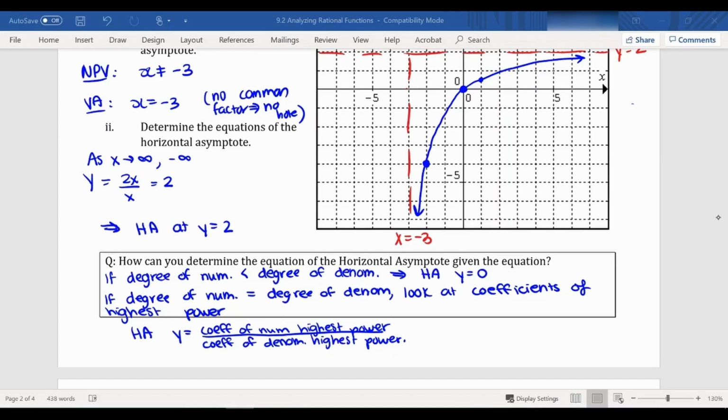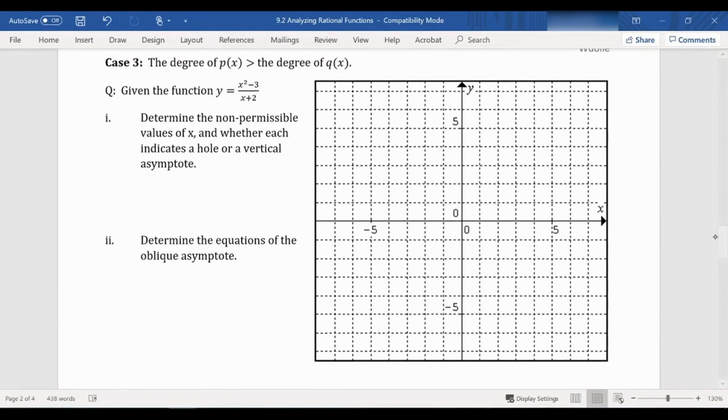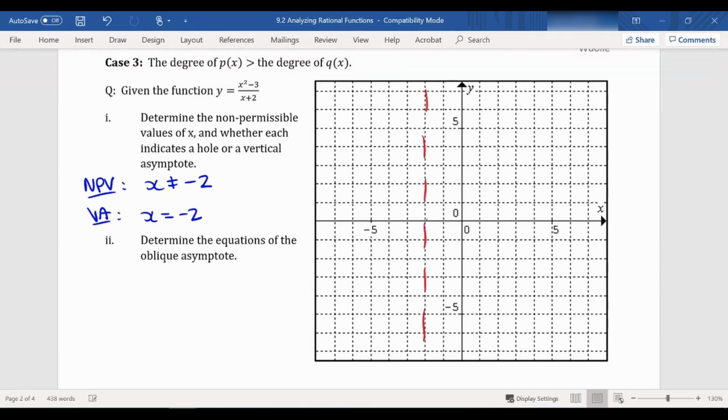Okay, so if we take a look at this next one, the degree of the top is 2, the degree of the bottom is 1. I have no common factors, so my non-permissible value is x can't equal -2. This is going to be a vertical asymptote. Now, next, we need to find the equation of the oblique asymptote.